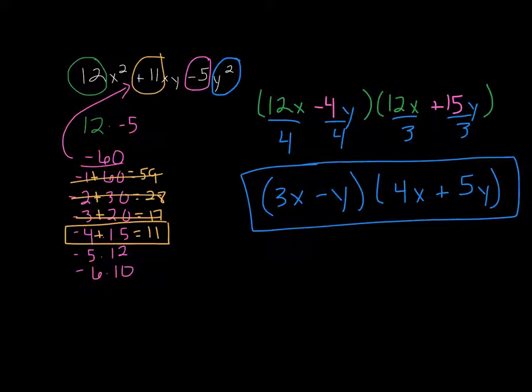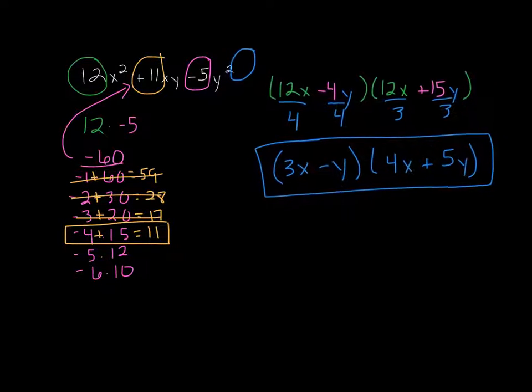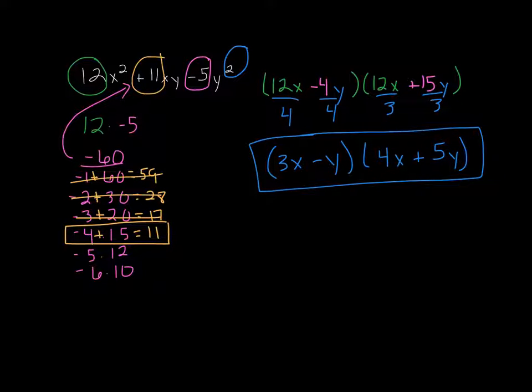Alright, now let's FOIL to check. 3x times 4x is 12x squared. So our first, and then our outer is plus 15xy. Our inner minus 4xy.